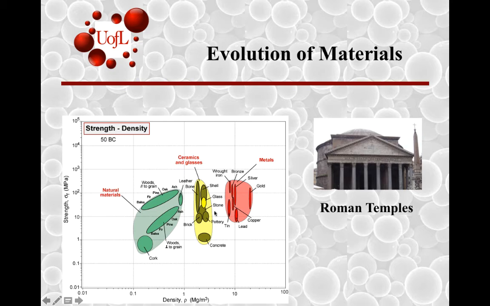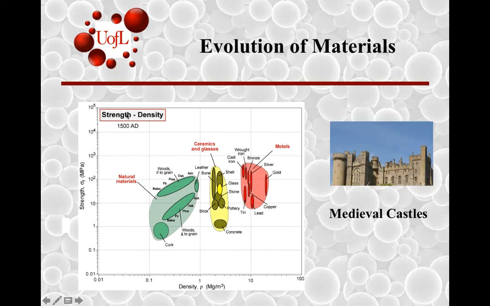In addition, the number of metals and alloys that were available increased. And so you could have bronze and you could have wrought iron, and that could all help in construction of Roman temples. Fast forward another 1500 years roughly, and now you begin to see these medieval castles come up all over Europe, for instance.